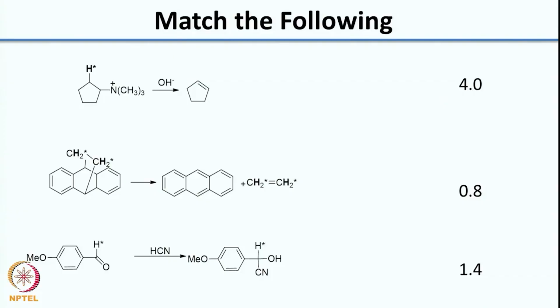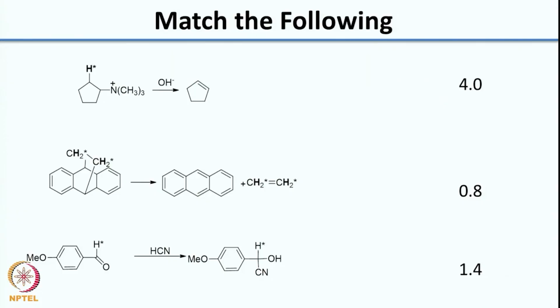So sp3 to sp2 gives you a normal kinetic isotope effect, that means KH over KD is greater than 1, and sp2 to sp3 gives you what is called an inverse kinetic isotope effect, where KH over KD is actually less than 1.